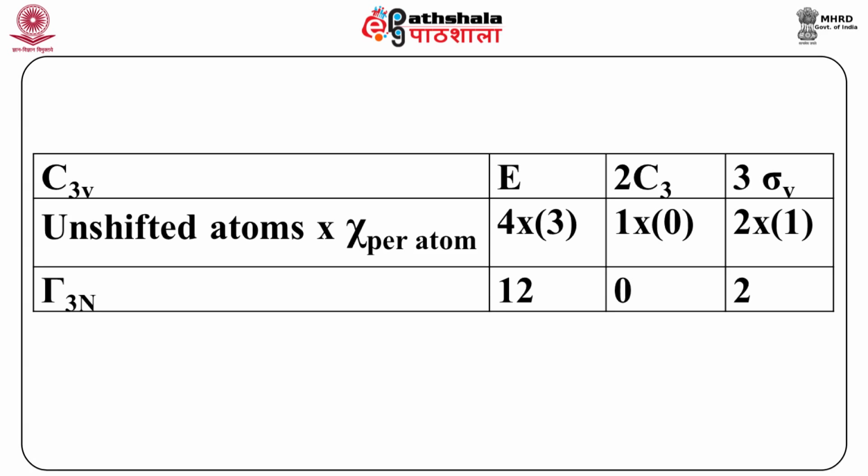Now I multiply these unshifted atoms by the character which we obtained by taking the 3n vectors as the basis. So 4 into 3 is 12, 1 into 0 is 0, 2 into 1 is 2. So Γ3n is 12, 0, 2.